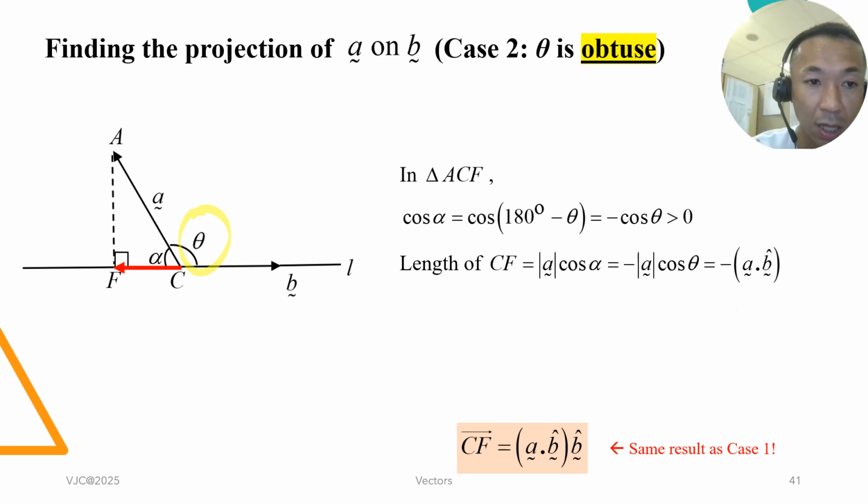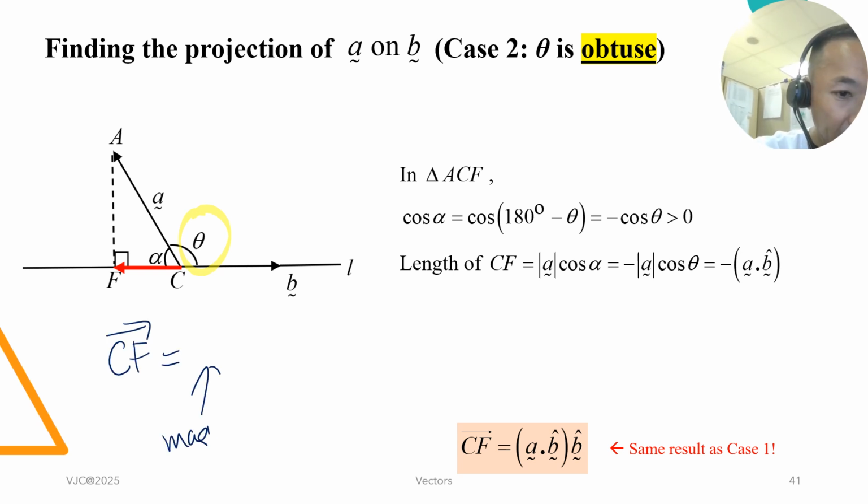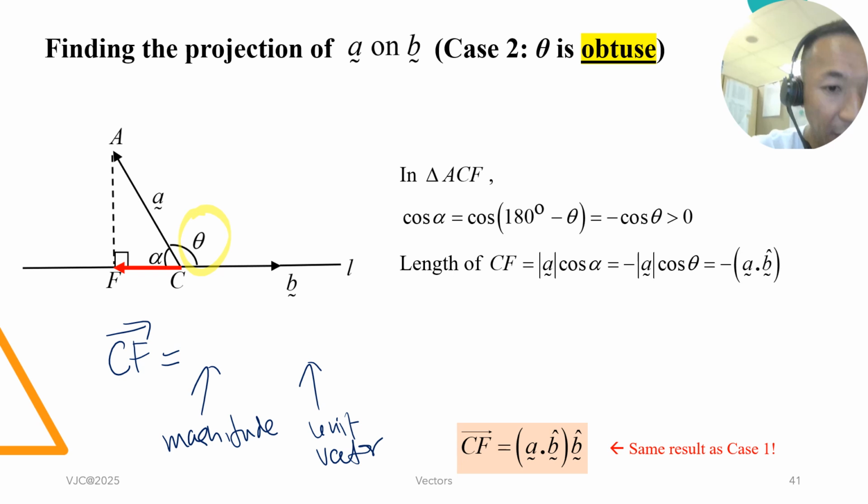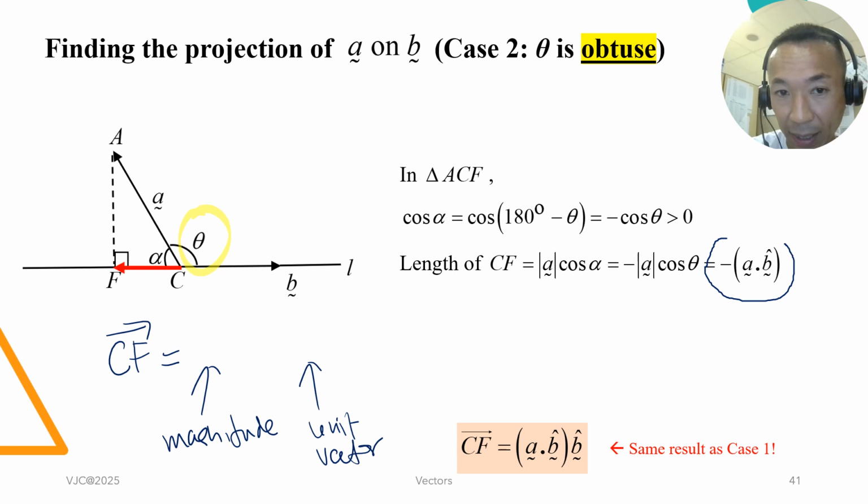But I don't just want the length of CF, I want to find the vector CF. It is the magnitude times the unit vector. Do I know the magnitude? Yes, the magnitude is this one. Do I know the unit vector?